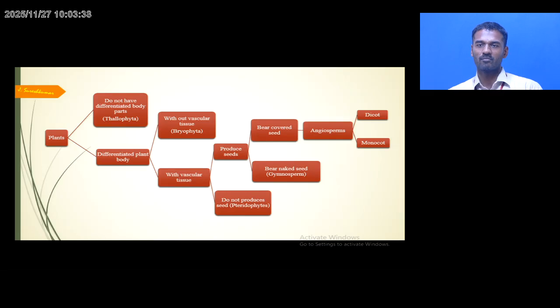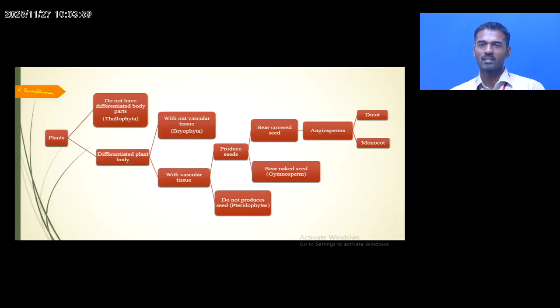There are many kinds of tissues present in plants, such as vascular tissue and cork cambium, but we divide them by the presence or absence of vascular tissue. Bryophytes do not have vascular tissue, while the others have vascular tissue.